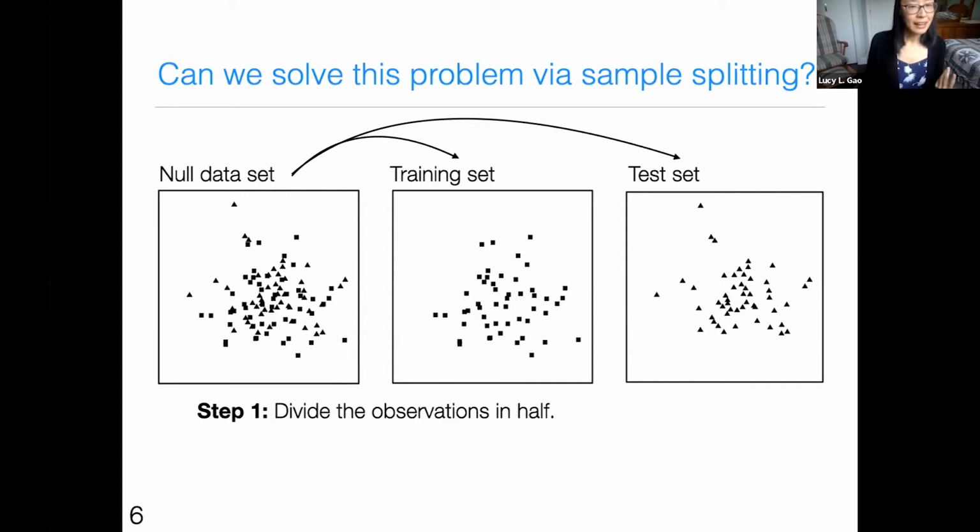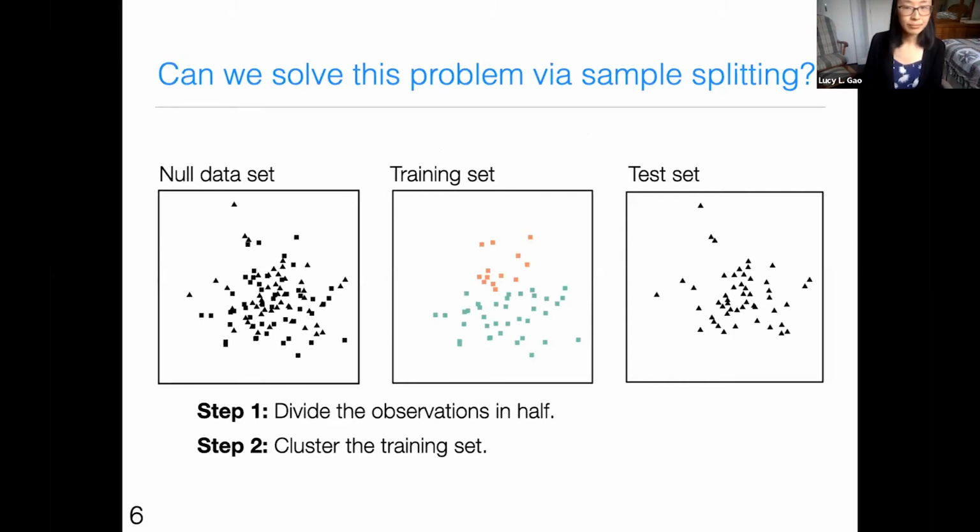So what I have on the left here is that same noise data set, no true clusters. But this time I have made half of them displayed as squares as my training set and half of them displayed as triangles and made them my test set. And I'm going to apply a clustering algorithm to the training set only.